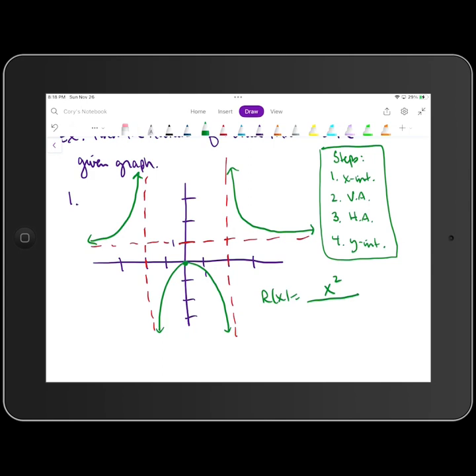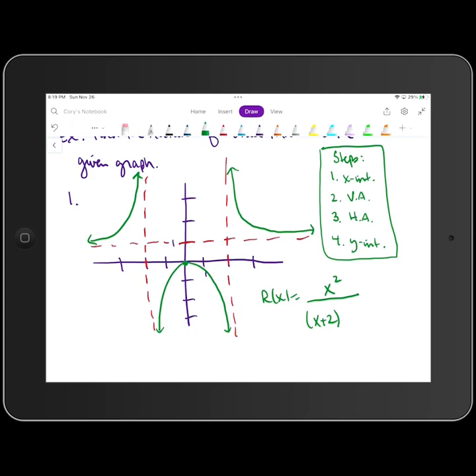Okay, next, we are going to check the vertical asymptote. So when we look at the graph of our function, that graph has two vertical asymptotes. It has one at x equals -2. So that means that x plus 2 has to be a factor of our denominator, because again, vertical asymptotes are the zeros of our denominator in lowest terms.